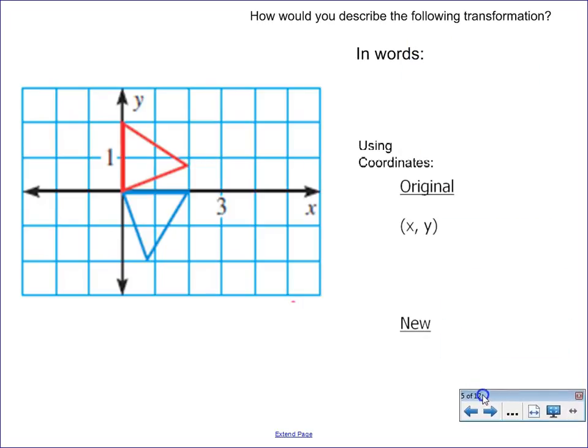Now let's take a look on the coordinate plane. As we're going from blue to the red, what is occurring? Well, we can see that it's a rotation. And we're going counterclockwise.